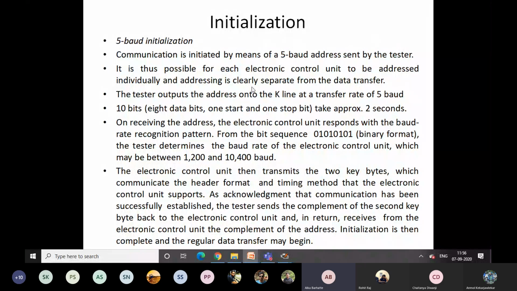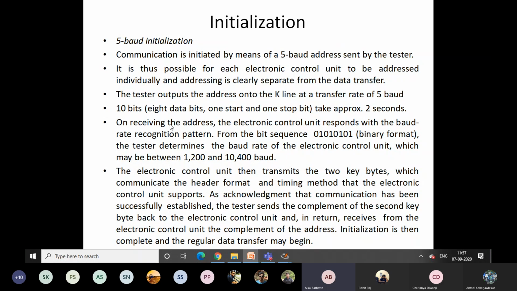Each ECU can be addressed individually, and the addressing is clearly separate from the data transfer. So the communication is initiated only by sending this address at 5 bits per second, and based on this bit pattern, it will interpret it.